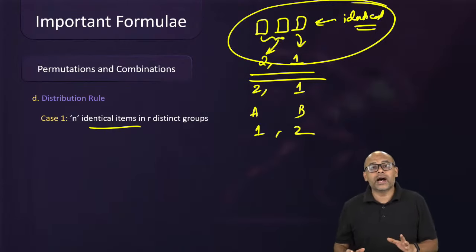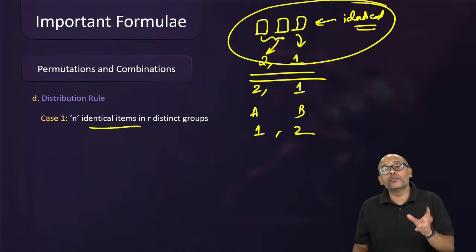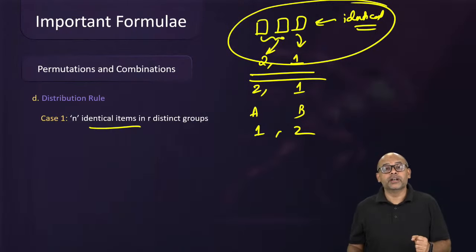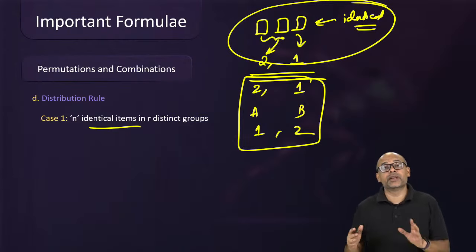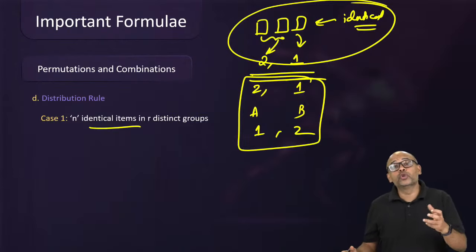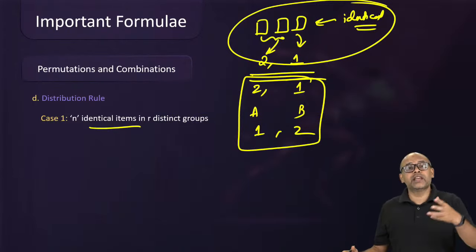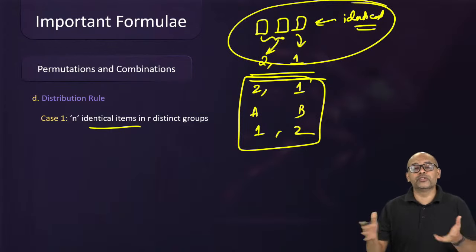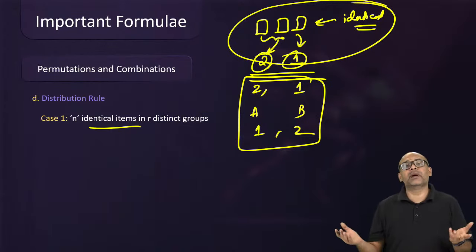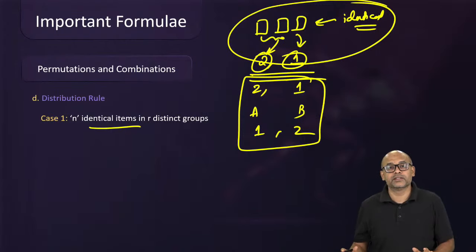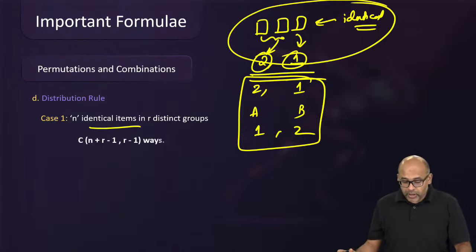The first thing you need to ask is, are my groups numbered or not numbered? If the groups have a meaning, if the groups have a name, then this will be considered separately. But if the groups don't have a name, I'll just say this is one group, the other group, there is no A, B naming. Then whichever gets 2 and 1 doesn't matter. Ultimately 2, 1 is what matters. Correct?